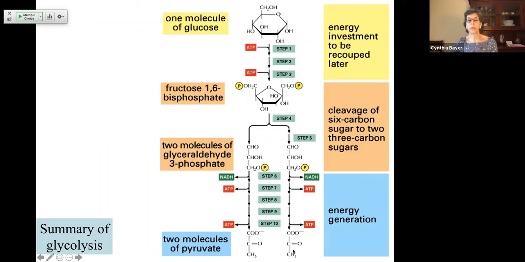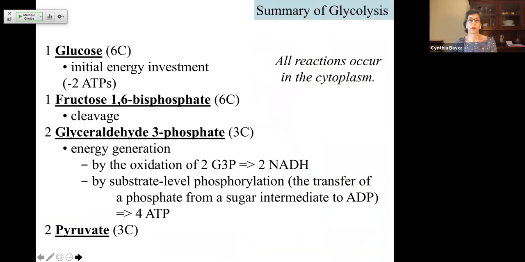We end up at the very end of glycolysis with 2 molecules of pyruvate, 2 molecules of the 3-carbon pyruvate. So we're going to be looking at each of those steps, which again, we can summarize, and this is how I want you to be thinking about glycolysis. We'll be looking at each of the enzyme catalyzed steps. I will show you the substrate, I will show you the product of each step.